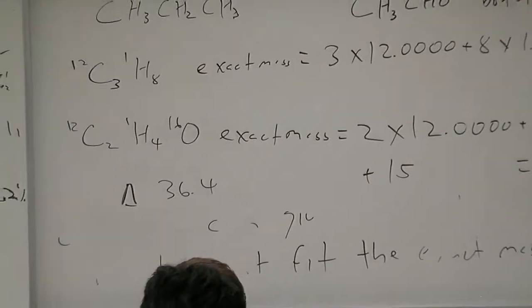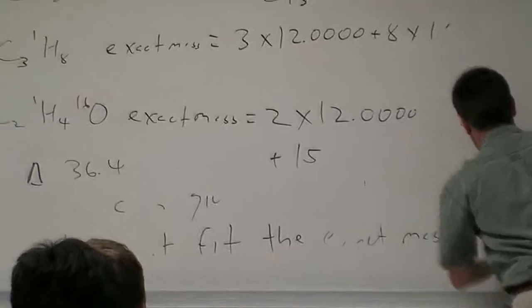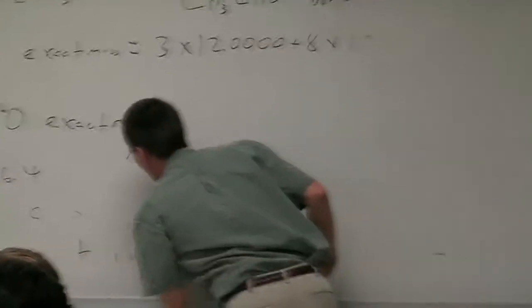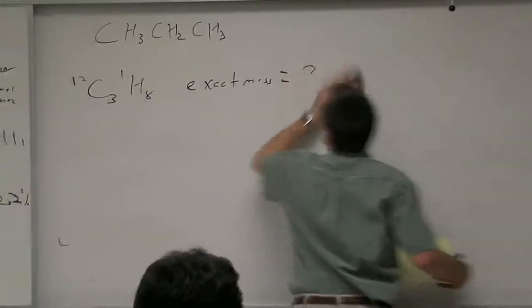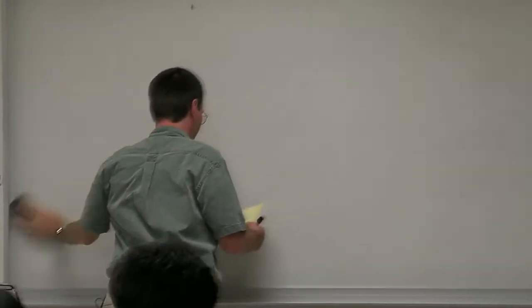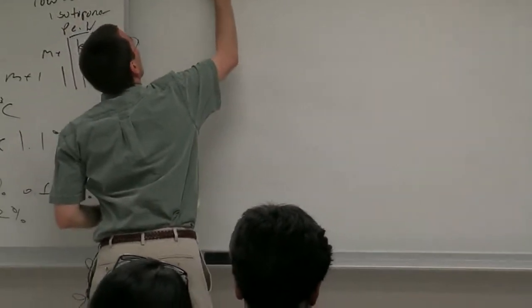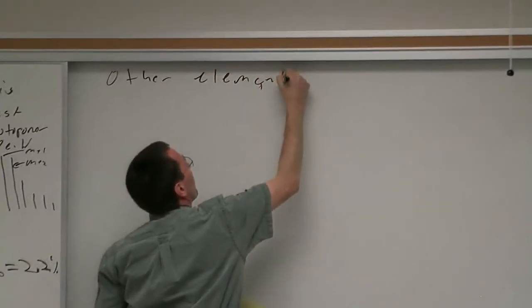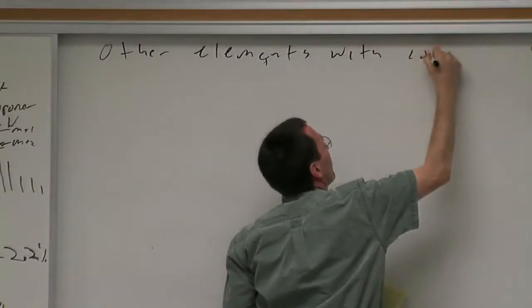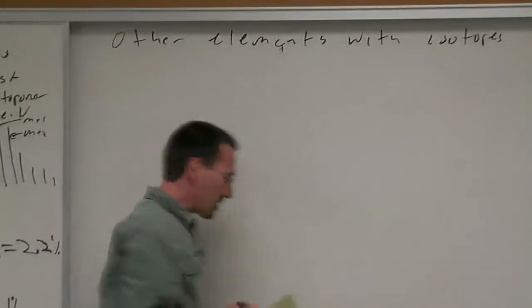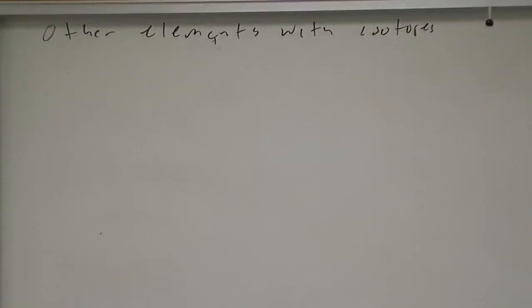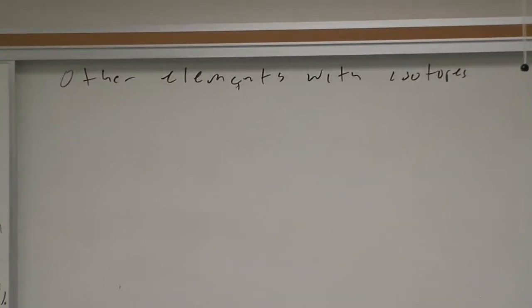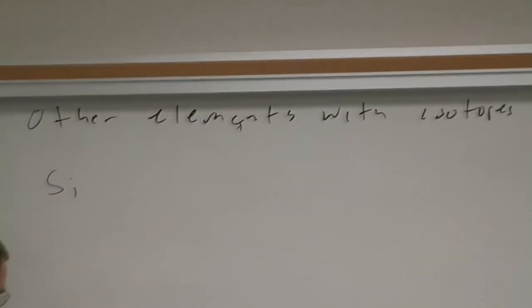All right, let's take a look at some other elements with isotopes. So we've already talked about carbon, about hydrogen, about nitrogen, about oxygen. All of these are common in organic compounds. Let's talk about silicon.